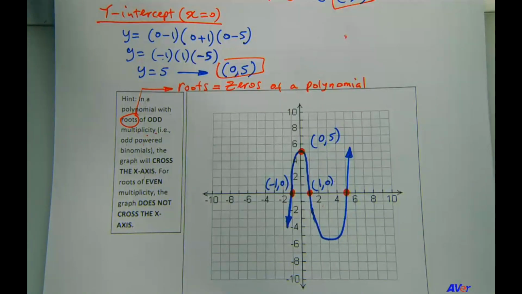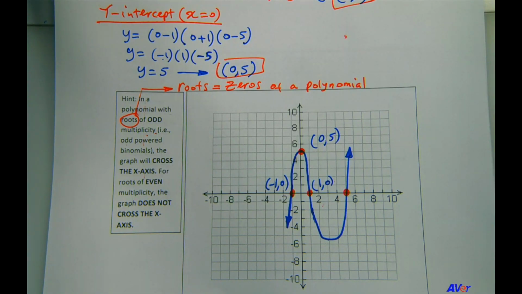Okay, so let's snap to each of the intercepts. The 0, 5 right there, and let's label it. The 1, 0, right there.